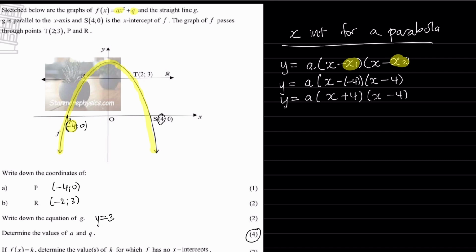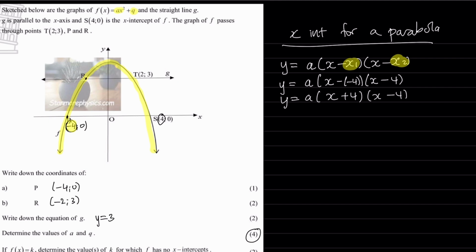Now remember, we want to solve for A and Q. Now don't worry that Q is not in this equation. You will see how Q naturally will appear at the end. But we can see that there's A. Now if we want to solve for A, we need to substitute a point in. And the point that we substitute must be a point that lies on the equation, or on the function rather.